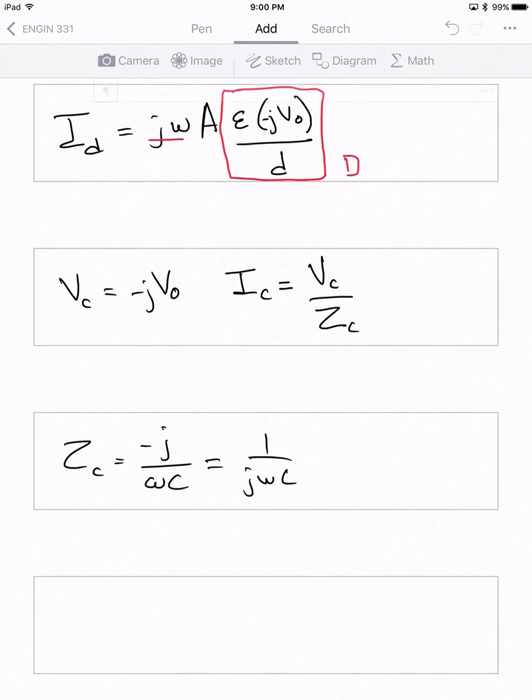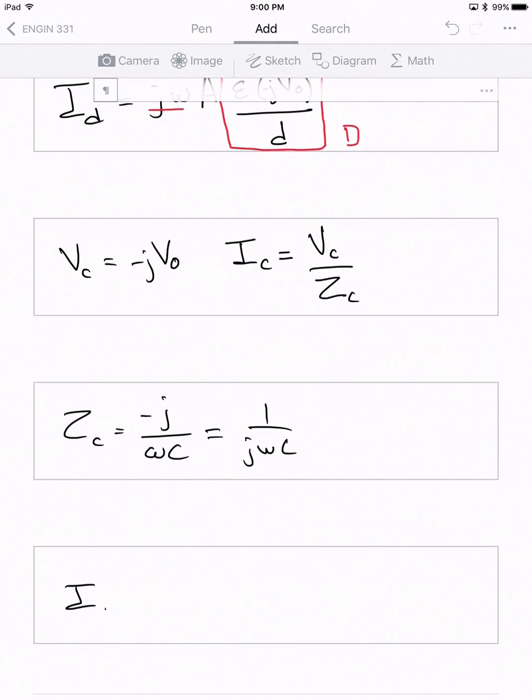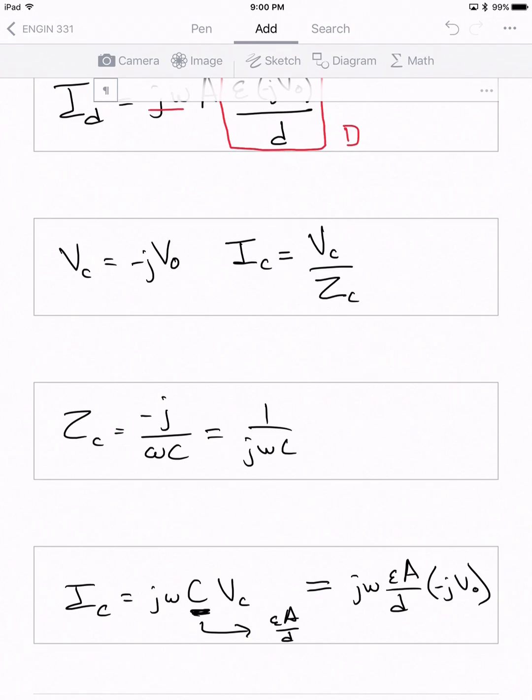So that means that I_C is equal to j omega C V_C. But remember that C is equal to epsilon A over d. So then we have j omega epsilon A over d V naught, and then I'm going to substitute in the actual value that we have for V_C, which is minus j V naught.